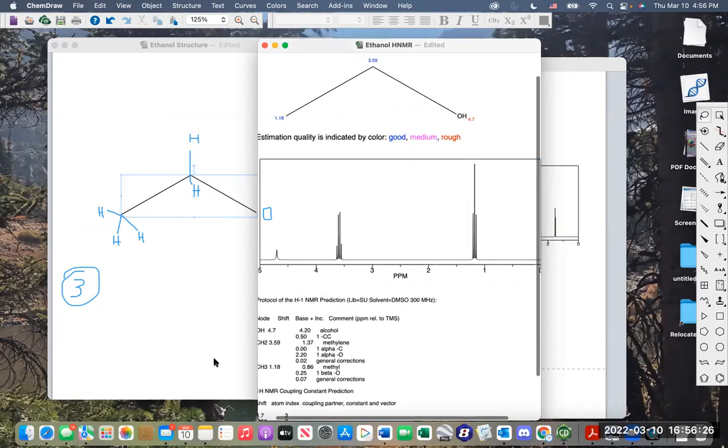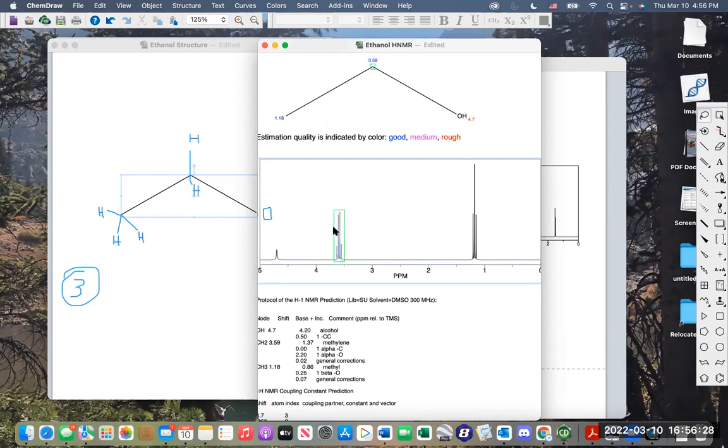Ethanol is a decent example of this because we have 6 hydrogen atoms in this molecule, and so we would expect to see 6 different signals, one for each hydrogen atom. However, we only see 3, and that's because of the chemical equivalence of these different hydrogens.